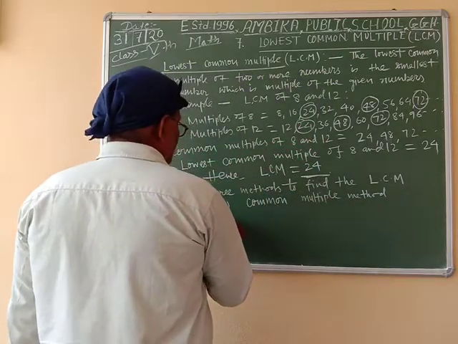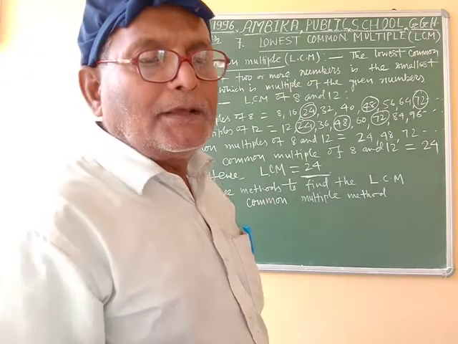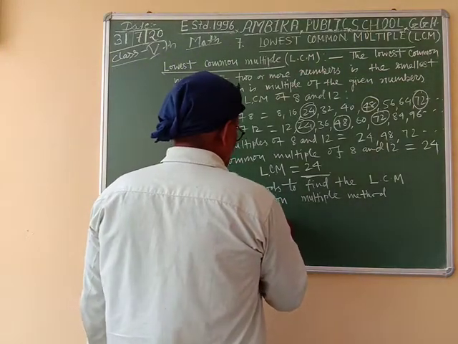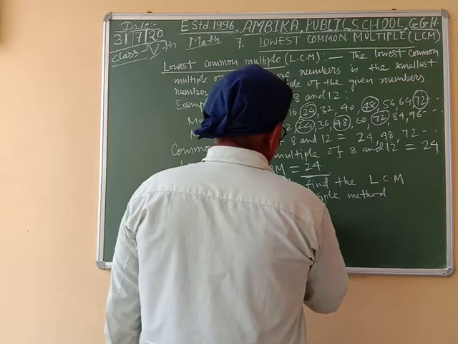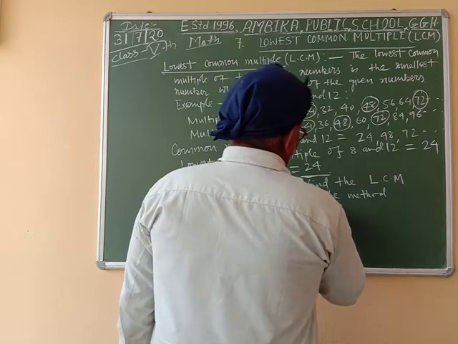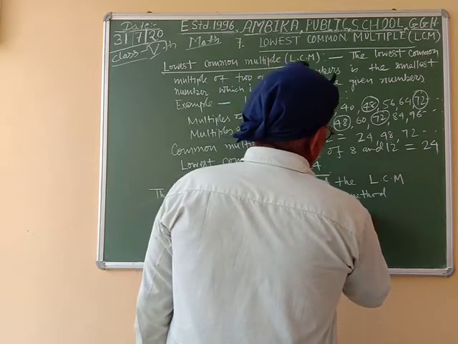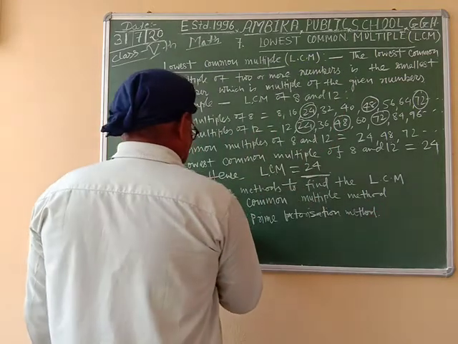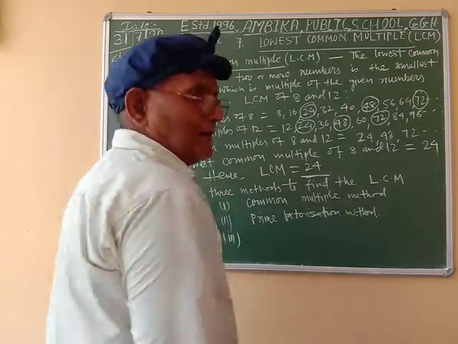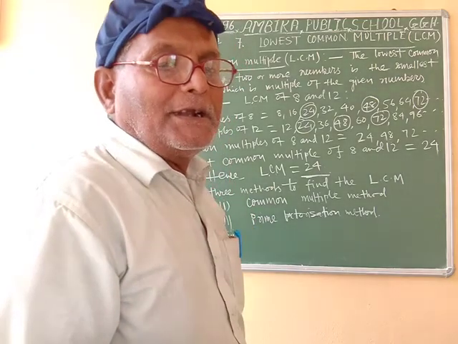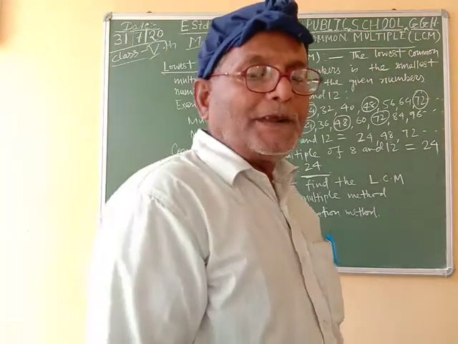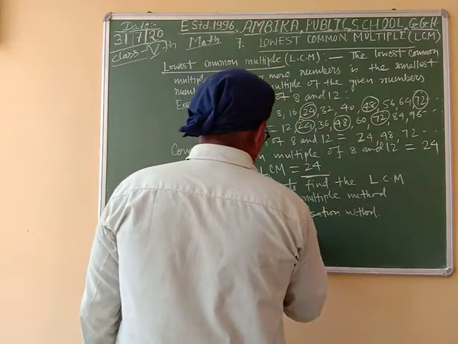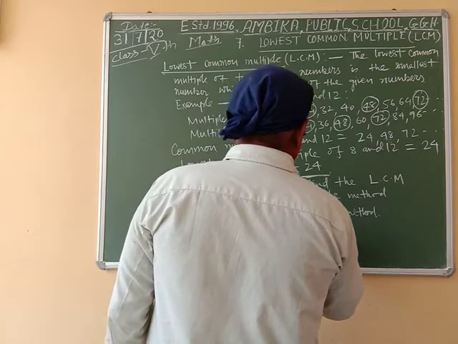Second method is the prime factorization method. And third method is called the common division method.